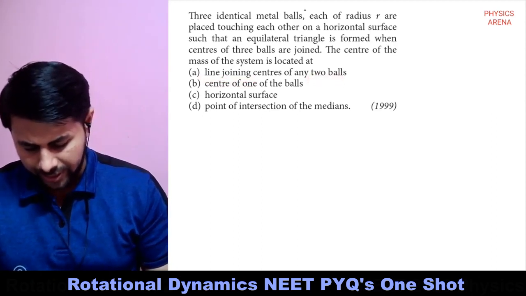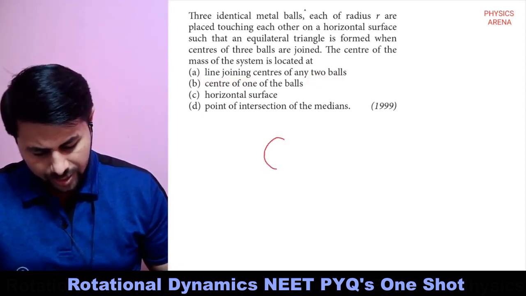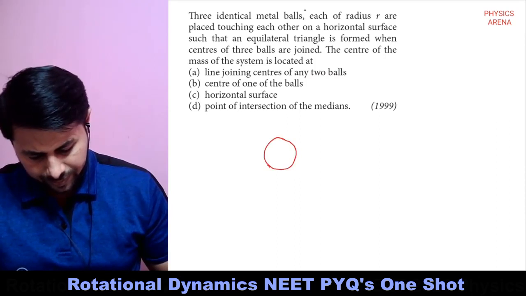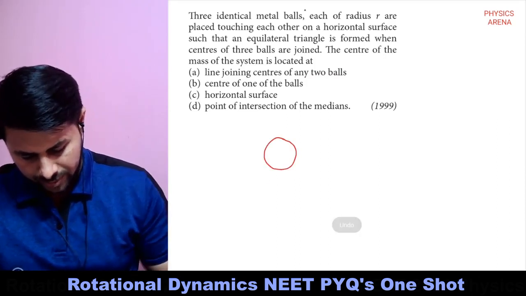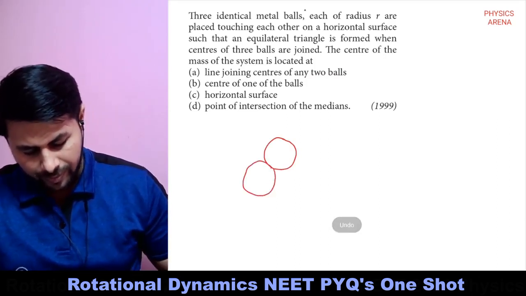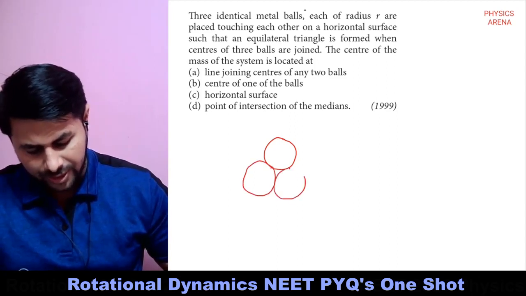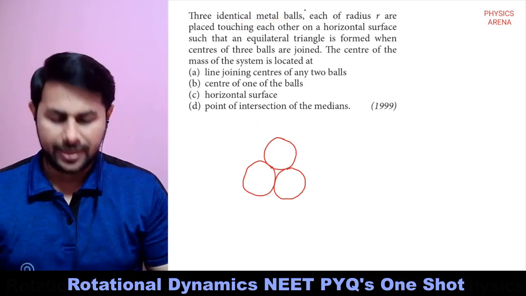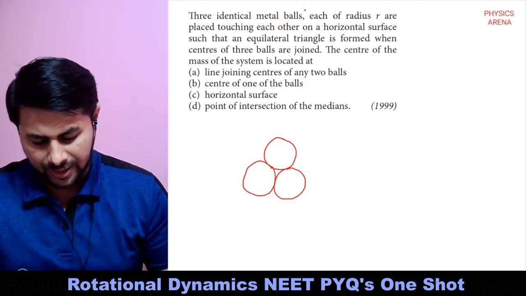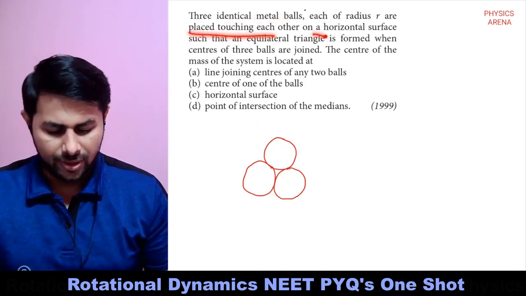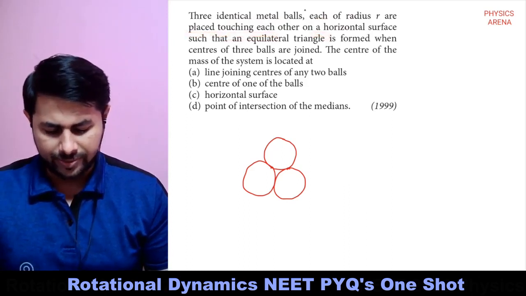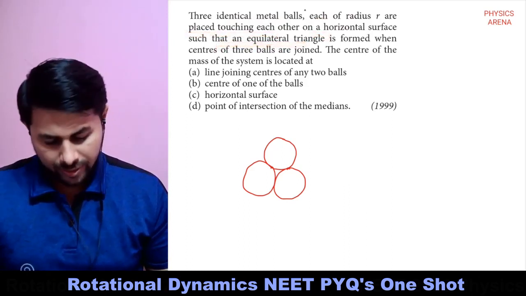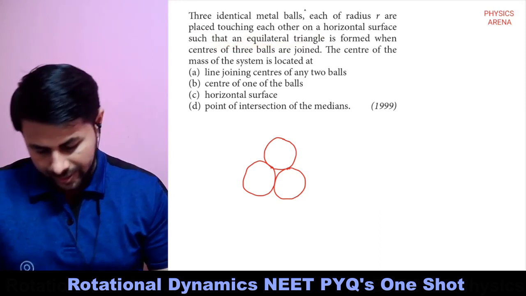All right, so let me draw it. So we have three balls like this. They are touching each other. Three metal balls, they are identical, touching each other, each of radius r, placed on a horizontal surface such that an equilateral triangle is formed when centers of three balls are joined.